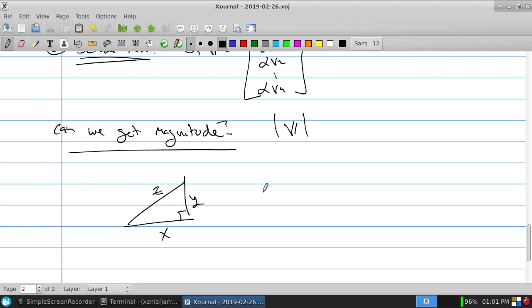What happens if we go to 3 dimensions and we go over this much, and then go up this much? And I need to figure out that length. Well, I don't have a triangle, I have 2 triangles. How would I get the base here? This squared plus this squared is that squared.